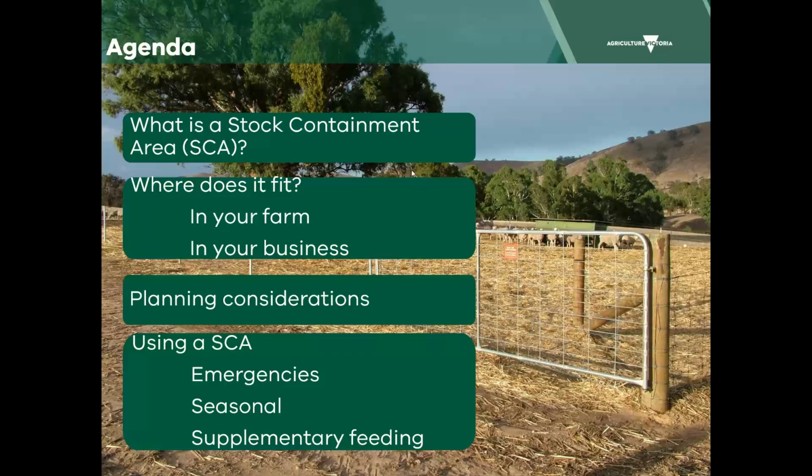And from the research I've done, when it comes to things like involving the Shire, that is your requirement as well as ours. So then I'll cover a bit around where does it fit within your farm versus in your business. The planning considerations specifically for Victoria, but as I said, that will be similar for New South Wales, South Australia and other jurisdictions. And then a bit on each of the definitions of what we define emergency, seasonal and supplementary feeding.